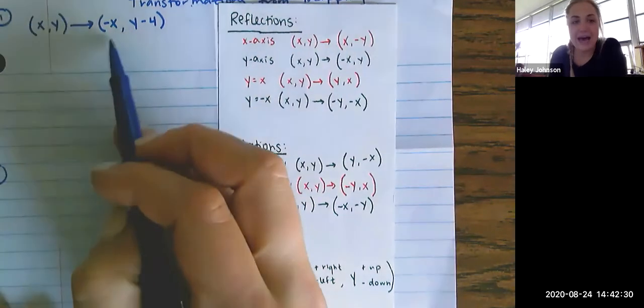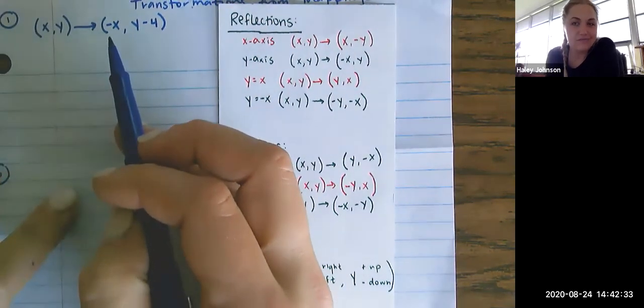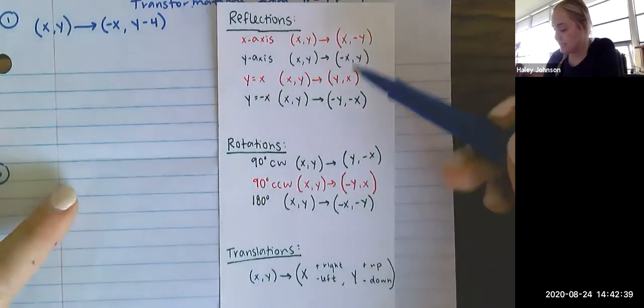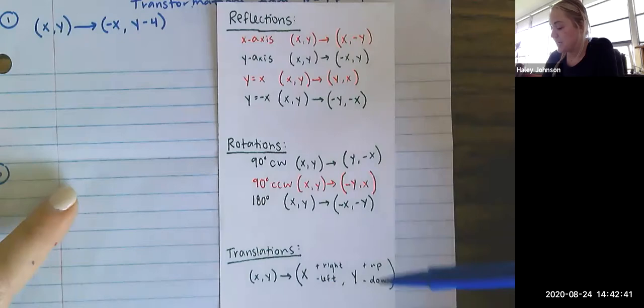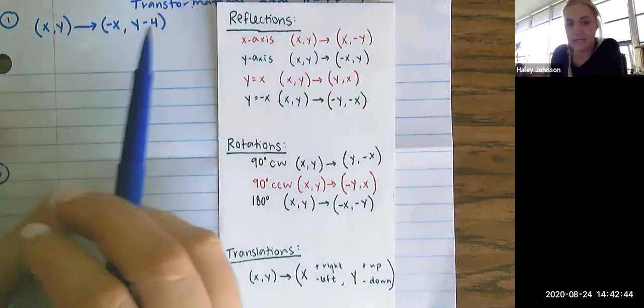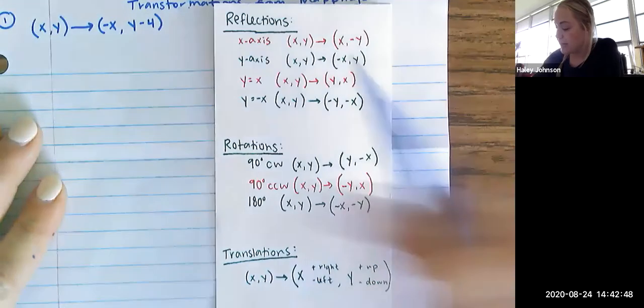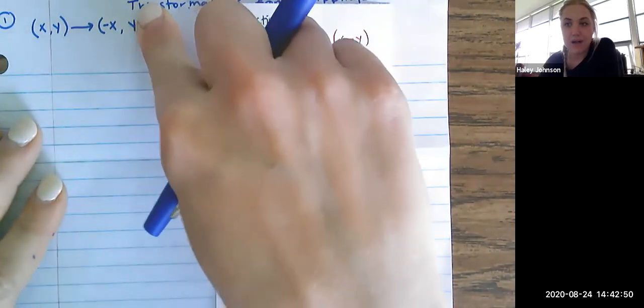So let's look at number 1. Number 1 has a negative x in part of the transformation. So I need to look at which of these things on this entire list was able to give just a negative x, because you see the y is positive. I know there's a minus 4. We'll talk about that in a second. So which one has negative x comma positive y?